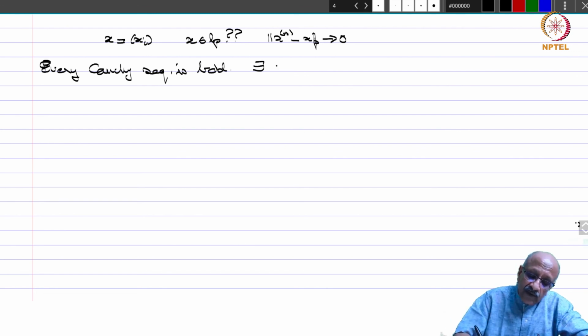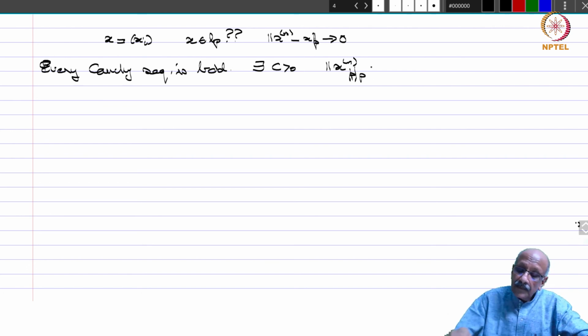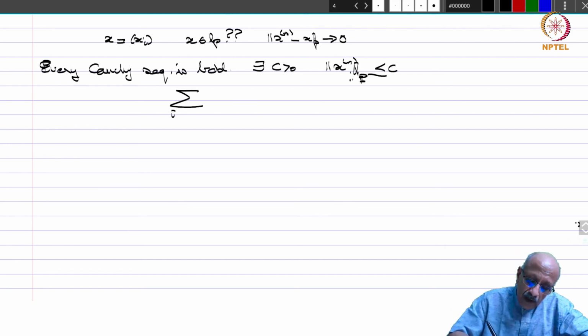Therefore, there exists a C positive such that norm x_n in p is less than or equal to C. This means that the sum over i of |x_n^i|^p is less than or equal to C^p.